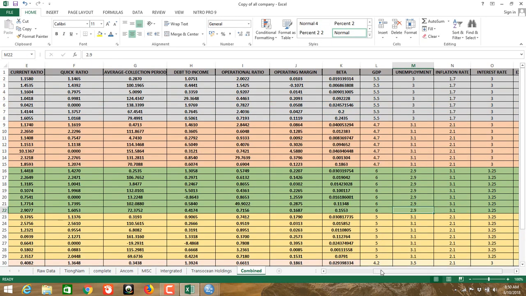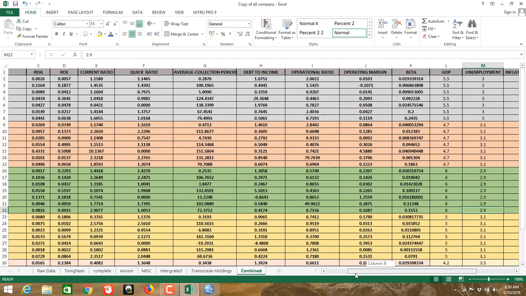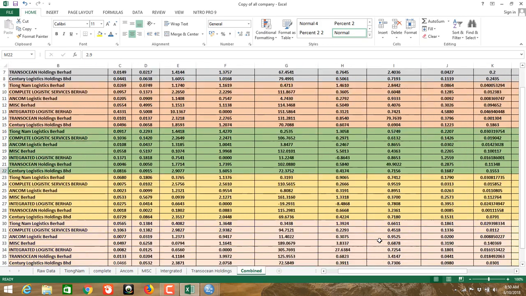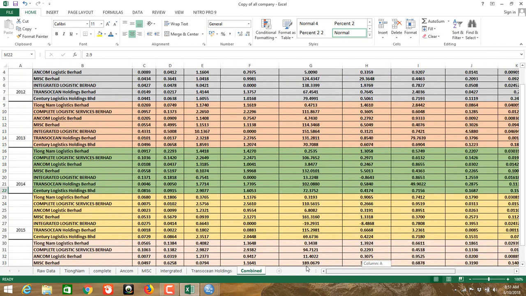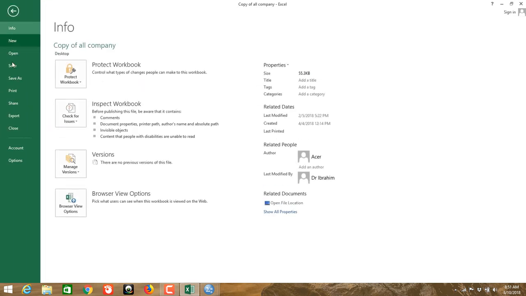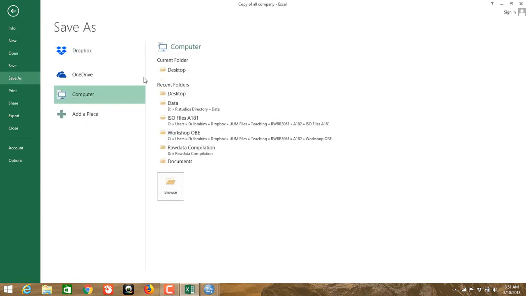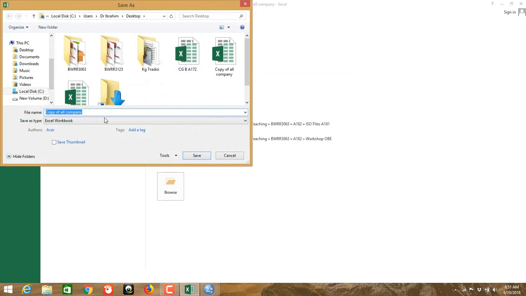Okay, now we are set to go. All the negative signs, I suppose, have been cleared. So what do I have to do? I have to save it in a different name. Maybe I say Clean.